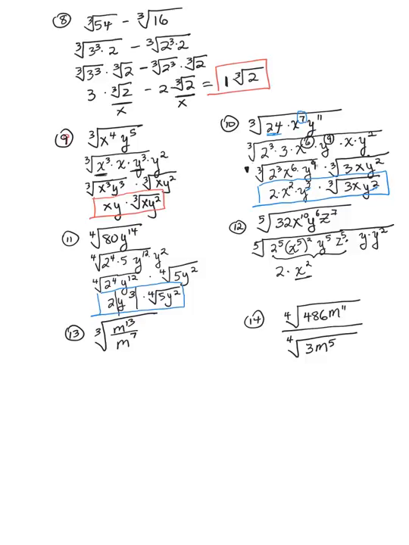5 into 10 is 2. And y, z, times, this should have been a z squared. So wait, let me just correct that for a minute. This should be z squared. I wrote a y by mistake. That should have been a z. So let's put the pen back on. This is z squared.